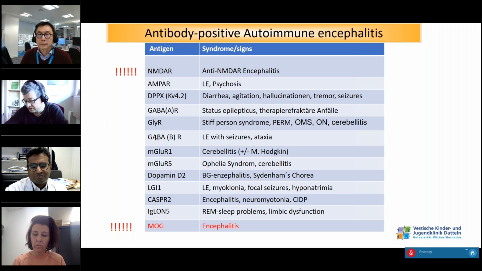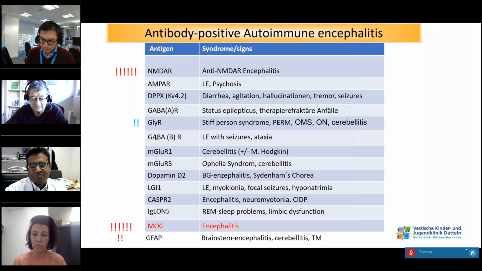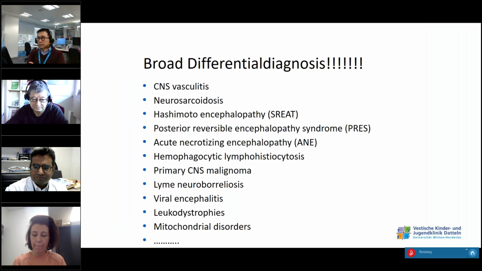Several others, like glycine receptor antibodies, especially in cerebellitis, and GFAP-associated brainstem encephalitis or cerebellitis, are important autoantibodies to have in mind.